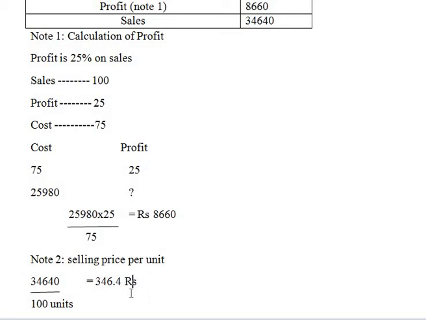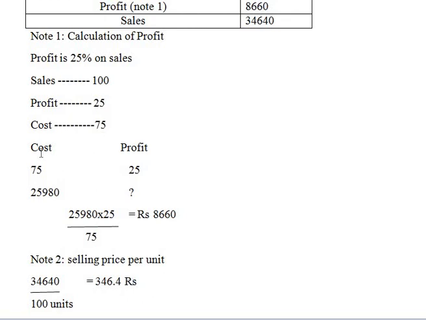Understanding? So this is what they have asked. What we have done is a similar type of problem according to the format they have given, but here they had given profit percentage. Profit is 25% on sales. We are assuming sales is 100, profit is 25%, and cost is sales minus profit, so 100 minus 25 is 75.